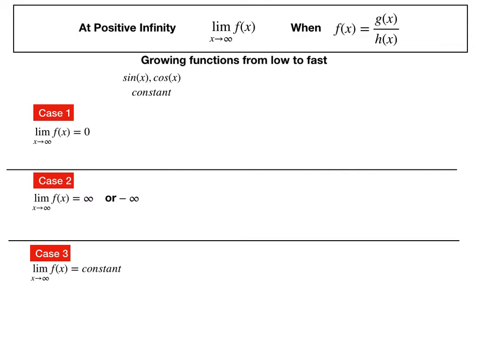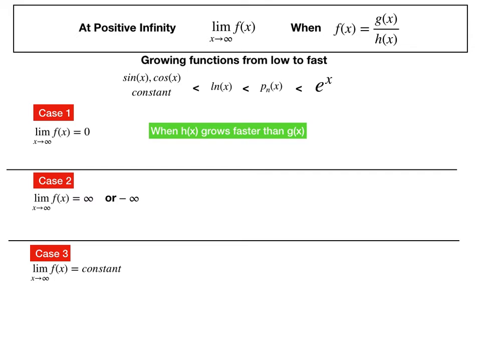These functions grow slower than natural log of x, and natural log of x grows slower than polynomial functions except constants, right? And polynomial functions grow slower than exponential functions. So you can see that in this spectrum, exponential functions are the fastest growing compared to most other functions.